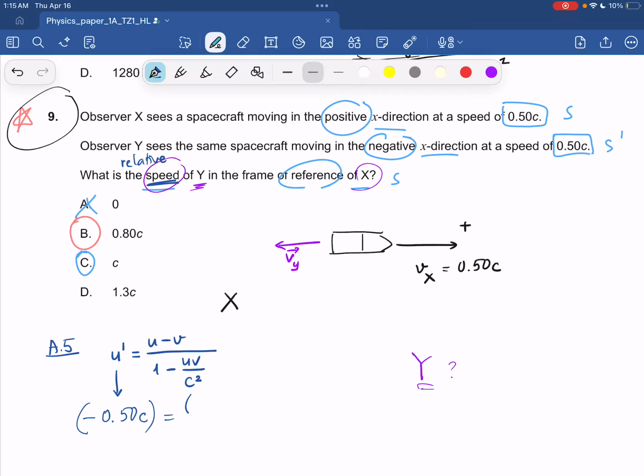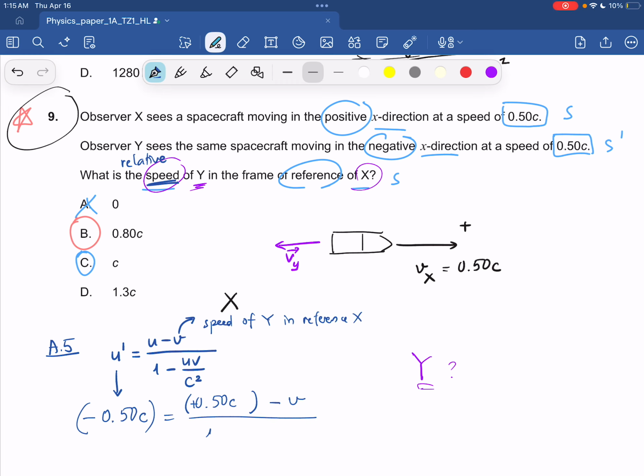The u is the speed in the X frame, so this should be 0.5c. This is the plus or minus v, which is the speed of Y in the reference frame of X. This is the v that we need to solve for.